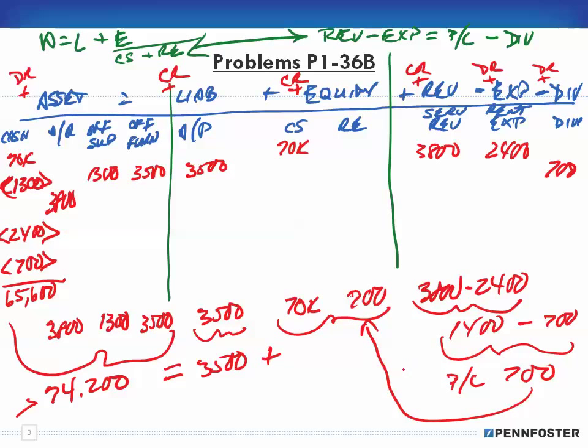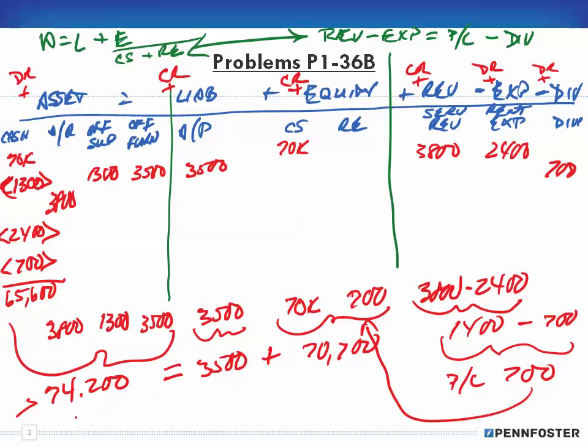And we do that when we get to the end of the accounting period and we close out our revenue, expenses, and our dividend accounts. That amount gets moved over to our retained earnings. So our equity now is $70,700.